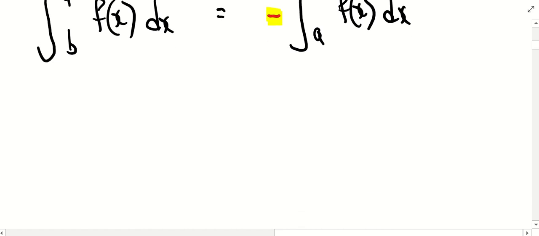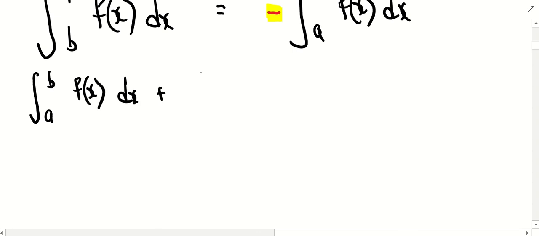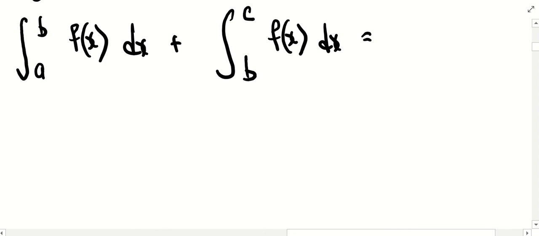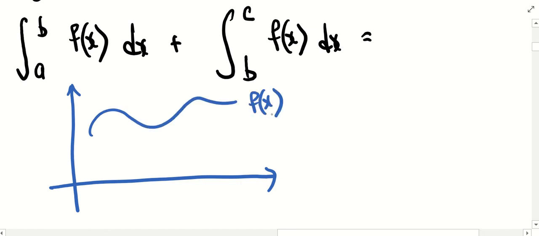Last but not least, you will have something like that. Okay, it's integration of two expressions, but I'm going to use a diagram. So the graph is still called f(x).